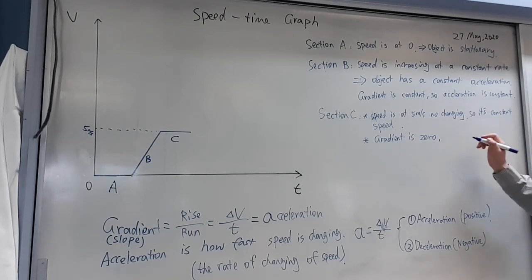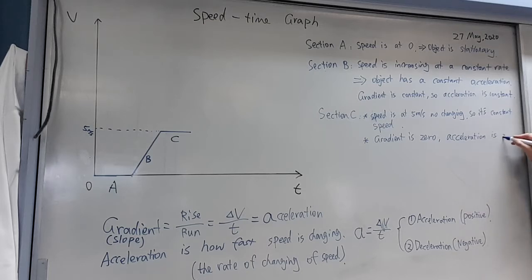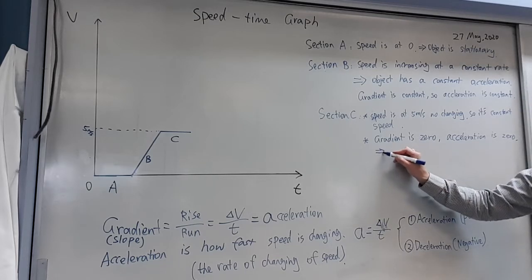Acceleration is going to be 0, because gradient is acceleration, right? Okay, so acceleration is 0. If acceleration is 0, what does that tell you about the speed? It's going to be a constant speed, right? You're not accelerating or decelerating, so it's going to be constant speed.